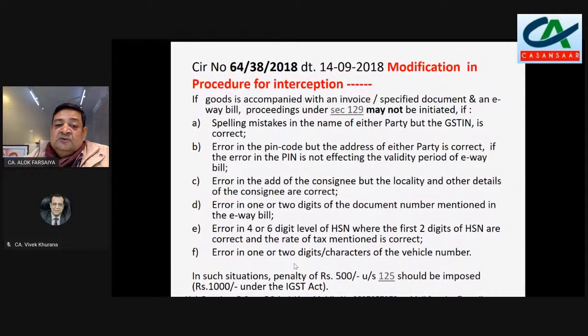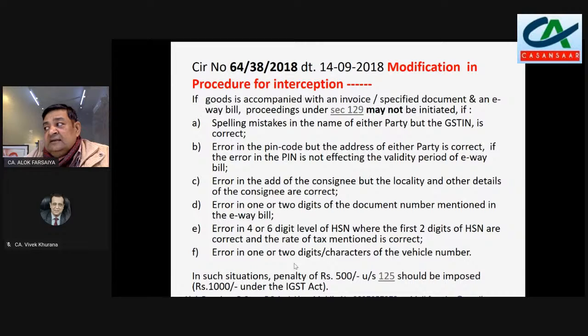If the distance is too long, the difference will not be much. It will not affect the number of days. But for a shorter distance, if we commit an error in mentioning the PIN code, the time limitation period of the e-way bill may change. Therefore, we should take special caution about mentioning the PIN code if the distance is short.